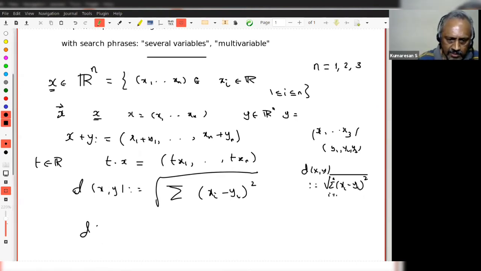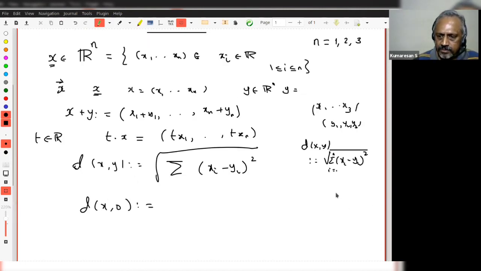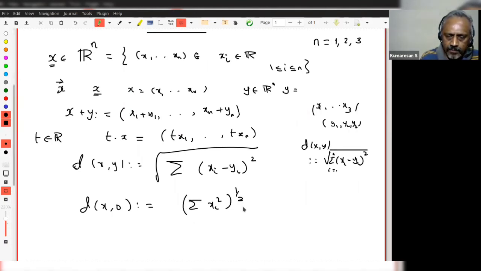Now let us look at the distance between x and 0. Because of this, we are generalizing to any R^n space. We know for 2 and 3 what it means, the distance between x and y, even n equal to 1, we know that. We generalize the formula to n. So this is going to be the summation of xi squared, taken to the power half.